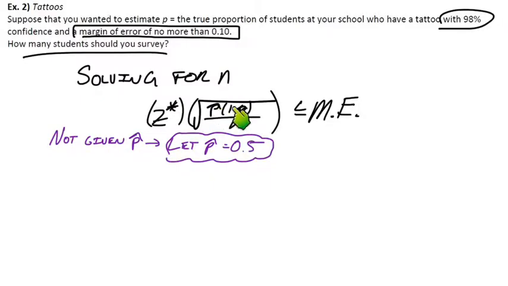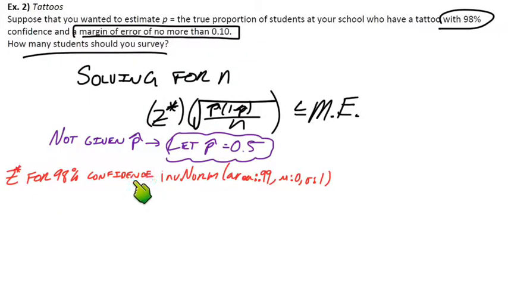So we know p hat's good. We're actually solving for n. What would z star be? Well, we can usually get that with our calculator or with the normal chart. So for 98% confidence, we could do inverse norm of 0.99, or if you want to do the other tail, you could look up 0.01, and it's a z-score. That gives us 2.33 for our z star.